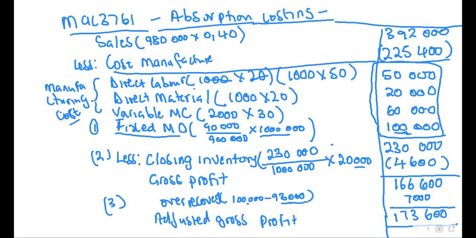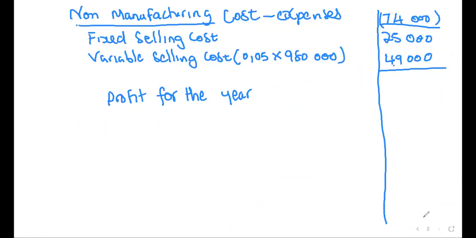What is the profit? 173,600 minus 74,000. 99,600 is going to be our profit for the year.